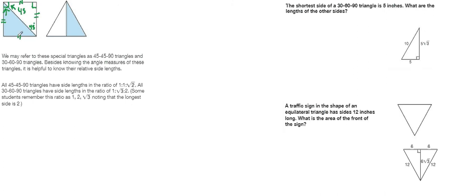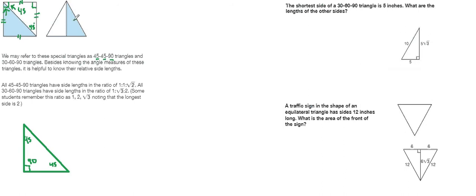When you create a triangle by dividing a square across the diagonal like this, you create what we could call a 45, 45, 90 triangle, named by its angle pattern. 45, 45, 90.